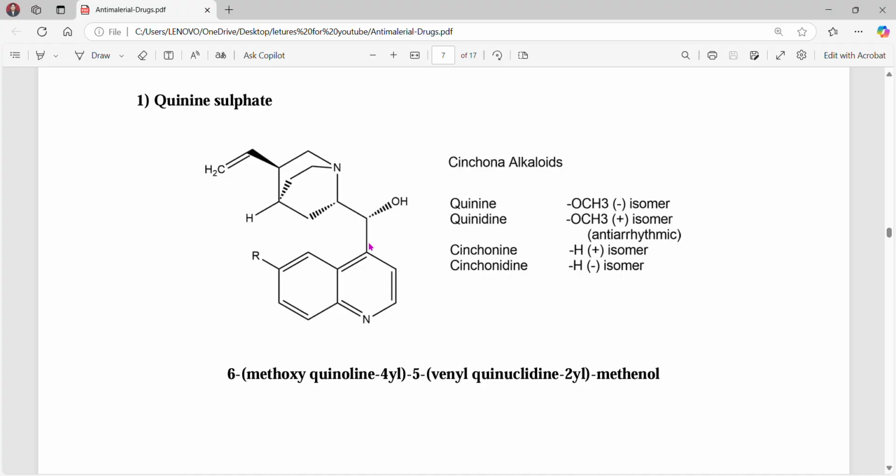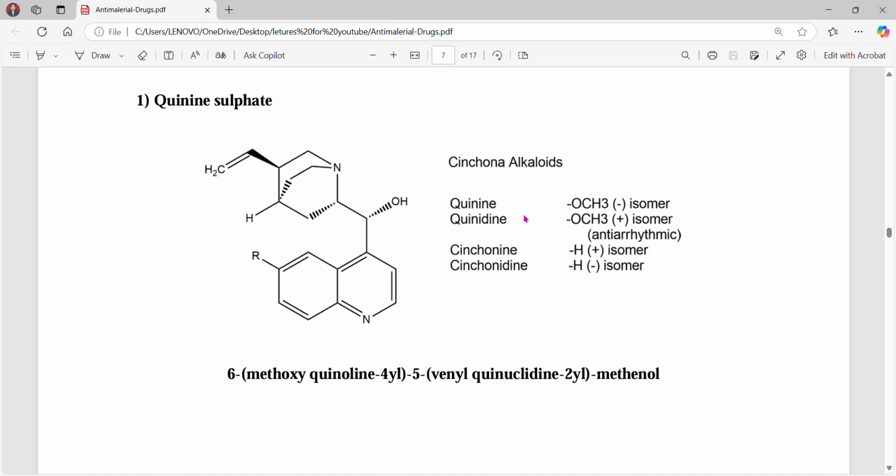Now quinine and its dextroisomer, that is quinidine, are the cinchona alkaloids currently used in the treatment of malaria. Quinine is the most active anti-malarial ingredient of the cinchona bark, and it is present in the highest concentration, approximately 5%.